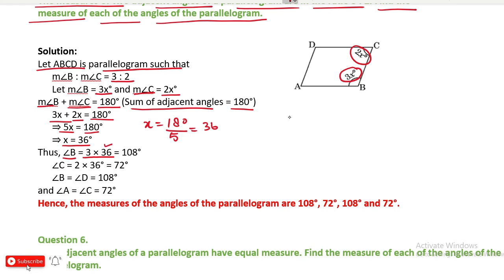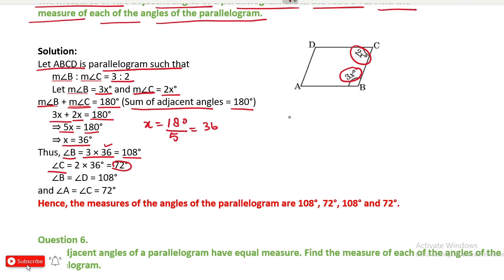Because the value of x is 36, and it is equal to 108. Now the angle C, this is angle C, 2x. Then we put the value of x, that is 36, 2 into 36, and it is equal to 72.